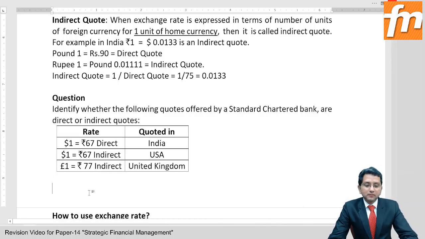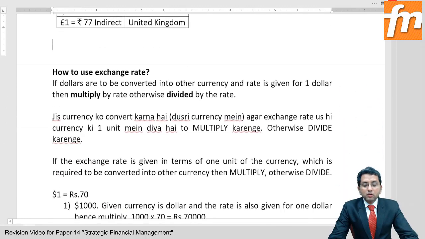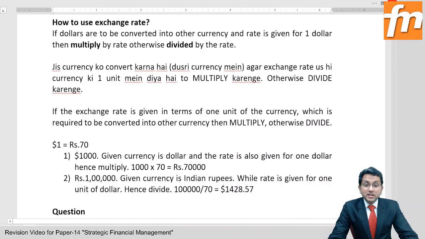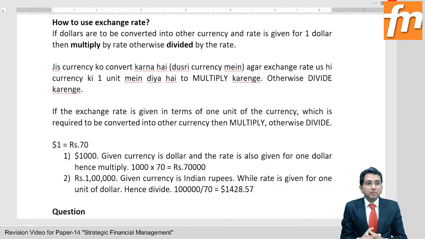Okay. Now, whether a direct quote is given or an indirect quote is given, the question is, how do I use the exchange rate? Should I multiply by the exchange rate or should I divide by the exchange rate? Suppose you have $1,000 in your hand and you want to convert it into Indian rupees.